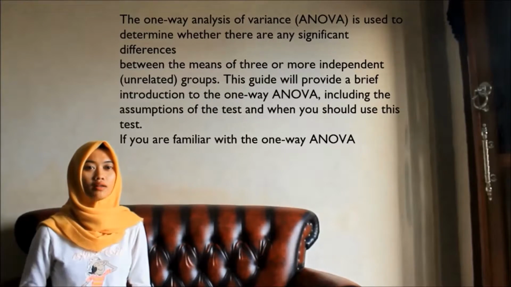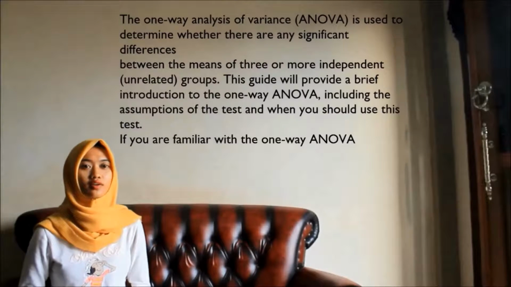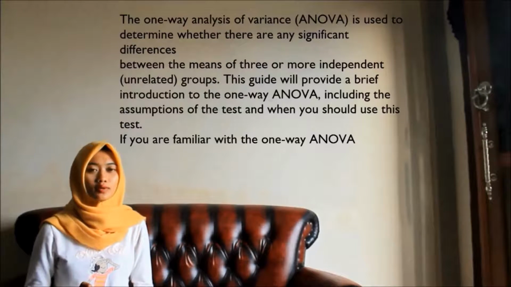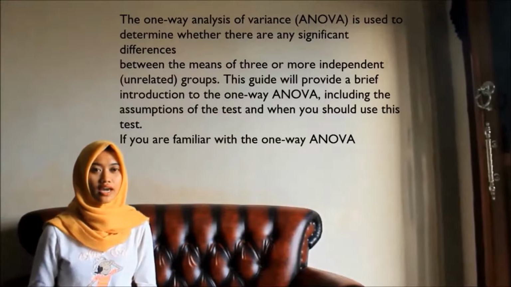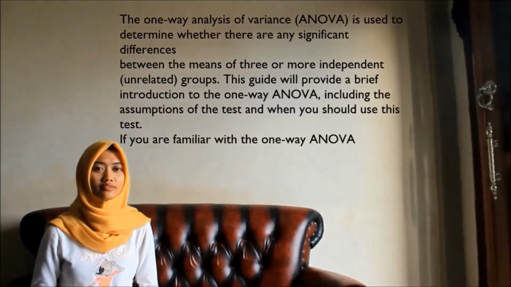This will provide a brief introduction to the one-way Anova, including the assumptions of the test and when you should use this test. If you are familiar with the one-way Anova, what does this test do?